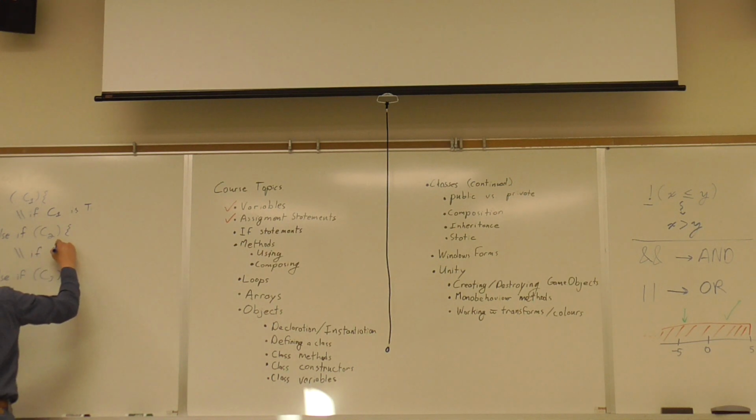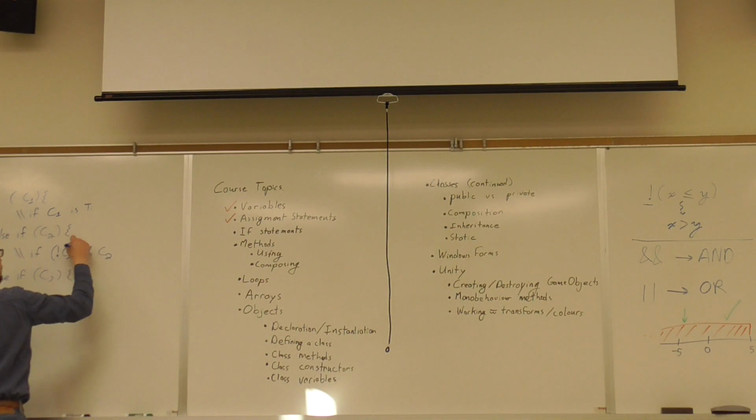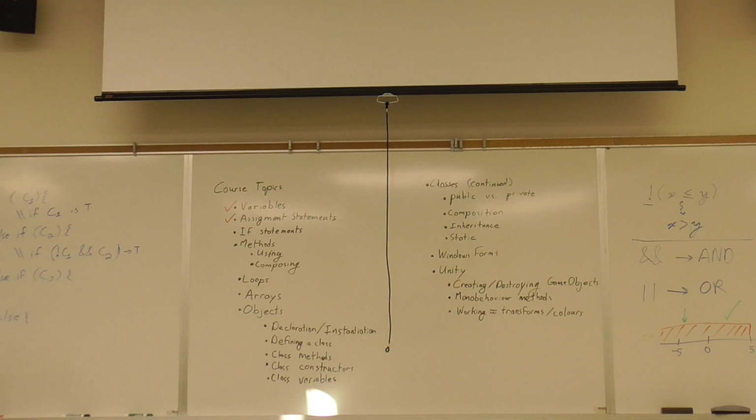If not C1 and C2 is true. The thing about an if-else statement like this is, whichever condition tests as true first, that's the branch you execute, and you execute no other branches.